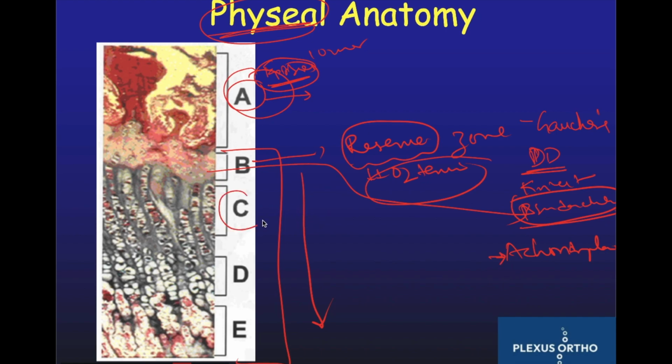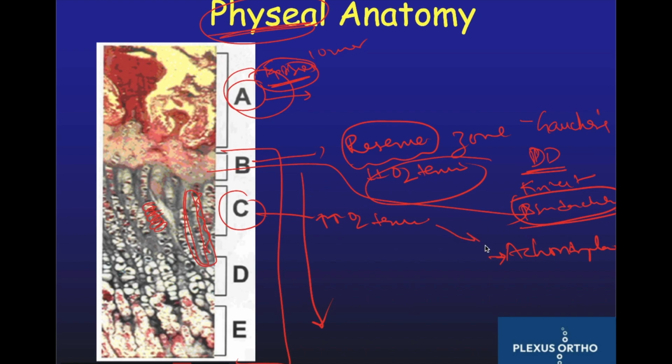So the next layer, C, is the proliferative zone. Here the chondrocytes begin to proliferate with longitudinal growth. You can see that the chondrocytes are growing longitudinally, and there is stacking of the chondrocytes, which is very clear here. And here there is the highest extracellular matrix production, with increased oxygen tension in the surrounding areas.